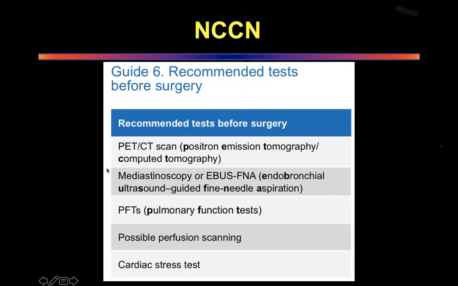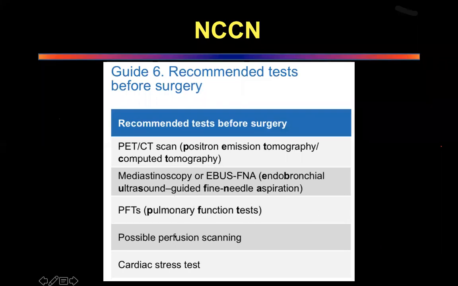You do want to know what is the stage of the lymph nodes, because presence or absence of lymph nodes makes it operable or inoperable. So it's quite important to understand the stage of the lymph node. That is why EBUS FNA or a mediastinoscopy, if need be, needs to be done pre-operatively or pre-treatment. We're not talking about pre-operatively, we're talking about pre-treatment.